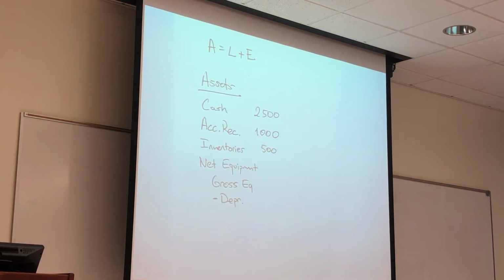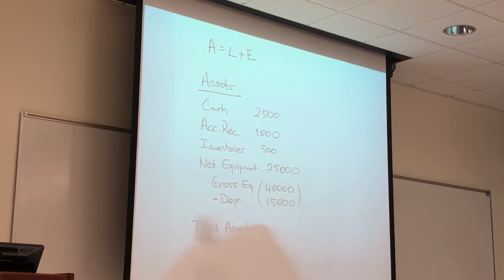So our gross equipment is given as $40,000, and our depreciation, which we're going to use the accumulated depreciation, not yearly depreciation, right? Because it's going to accumulate and get the book value to zero eventually, right? We're going to use the accumulated one, 15,000. So this will be 25,000.